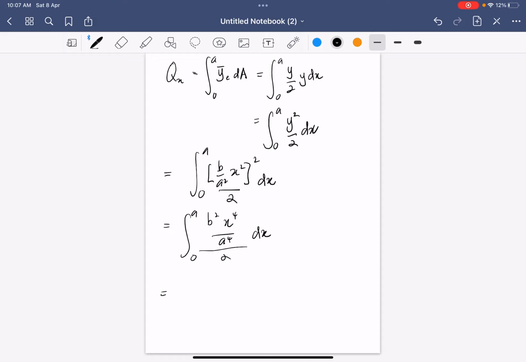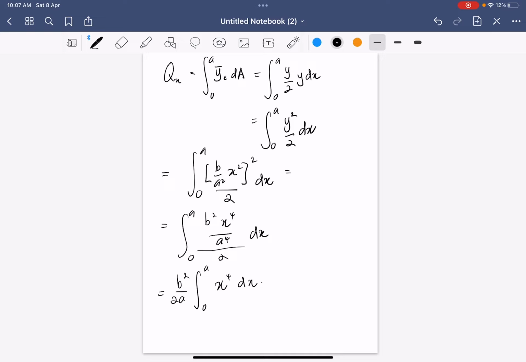We can put b squared over 2a to the power of 4 outside because they are constants, and inside here is x to the power of 4 dx. Then you can integrate x to the power of 4.